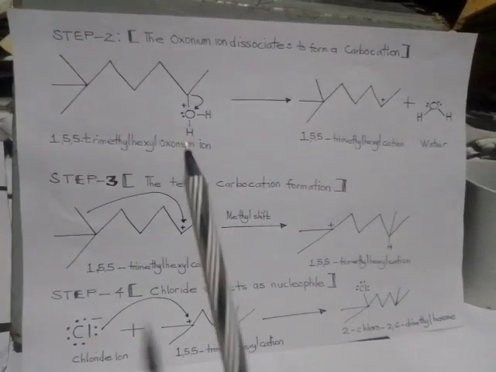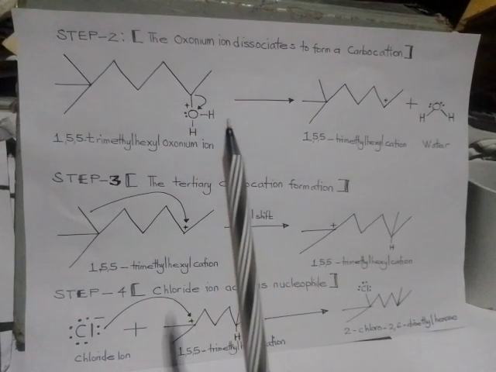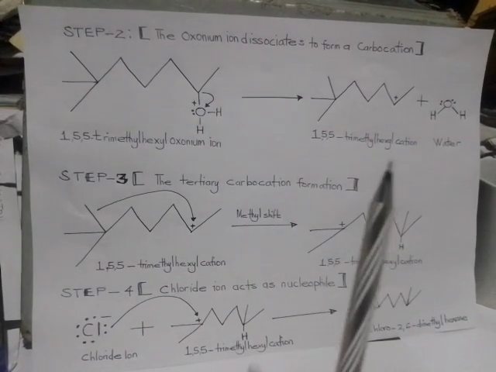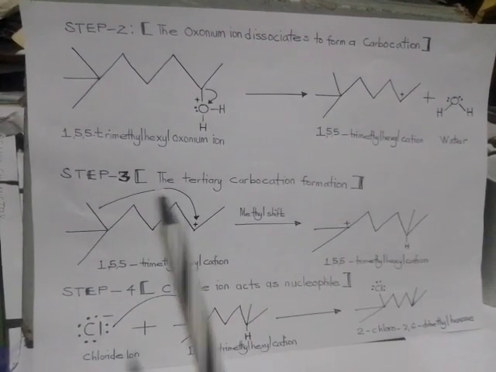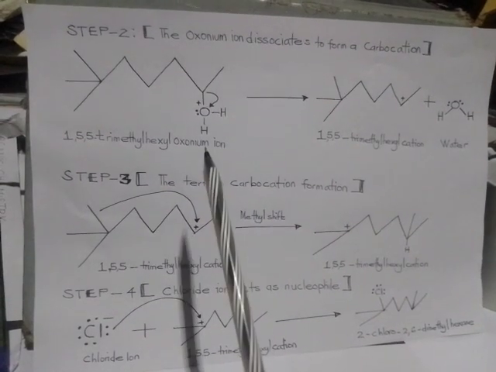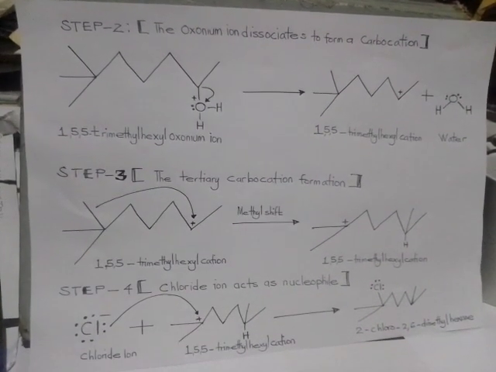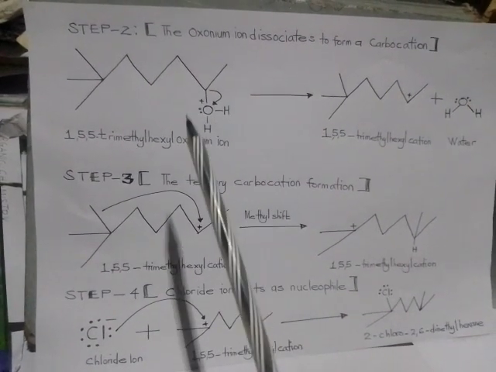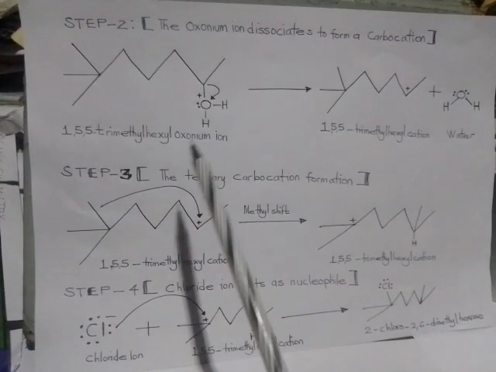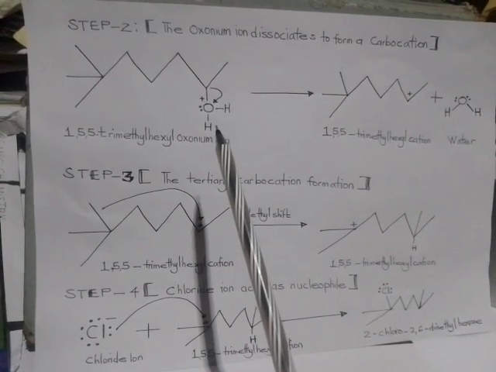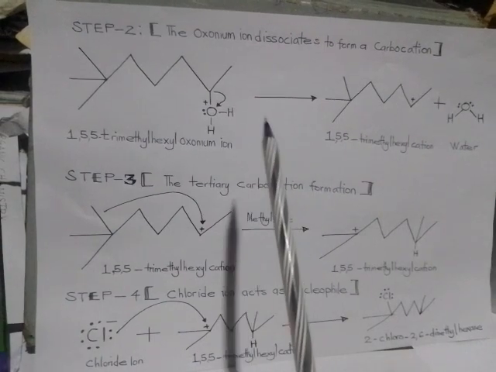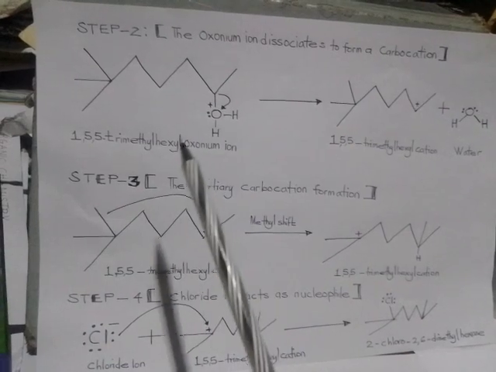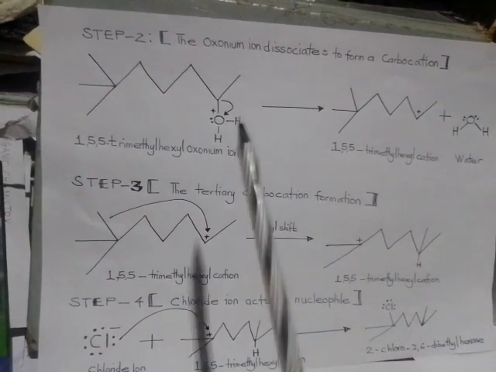Looking at step 2, this step is known as the oxonium ion dissociation step. These ions are called oxonium ions because in that first step we said that this hydroxy group got protonated, which means there is an addition of a proton. When a proton is added to this hydroxy group, the oxygen net charge will no longer be 0, it becomes +1.